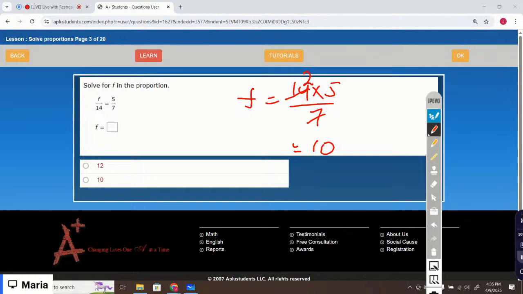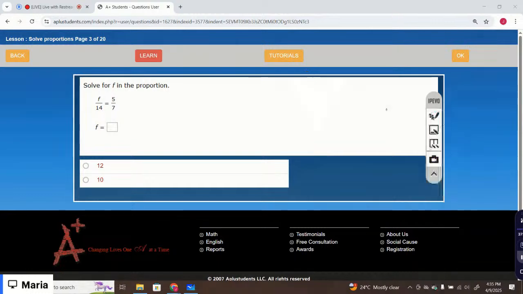The correct option is 10. Option number 2 is the correct option. That is 10.